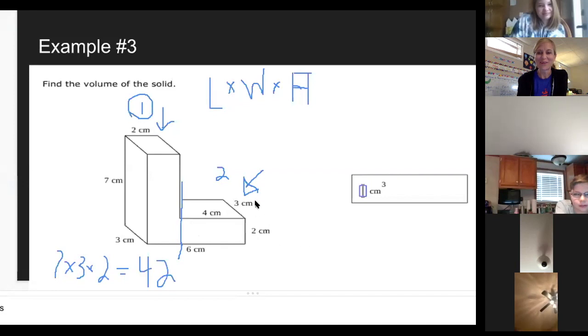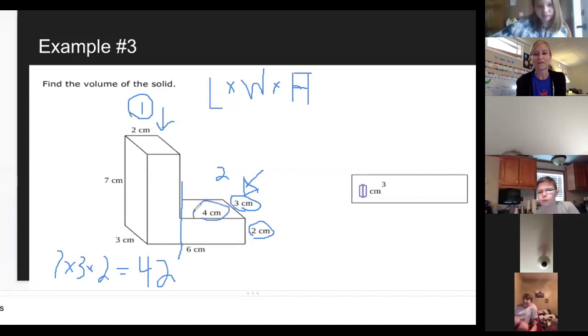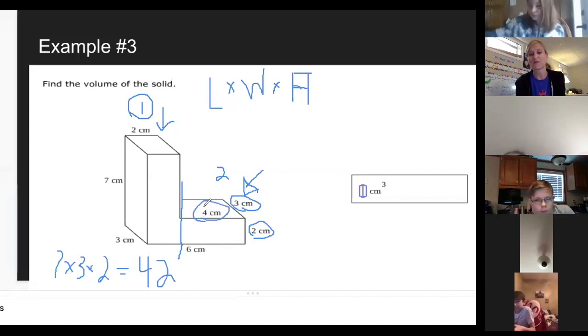One's a little different. For this one, you're going to break it down, but the lengths are going to be a little different. So we have the length here being 3, the height here being 2, and this time the other digit is 4. We can't use 6 because 6 is the length of the whole thing.